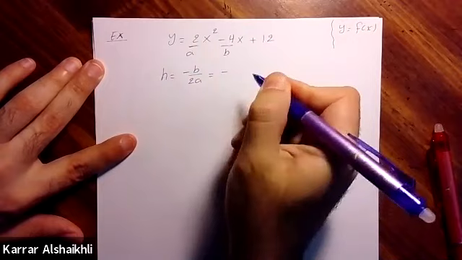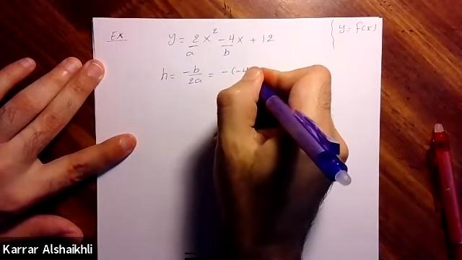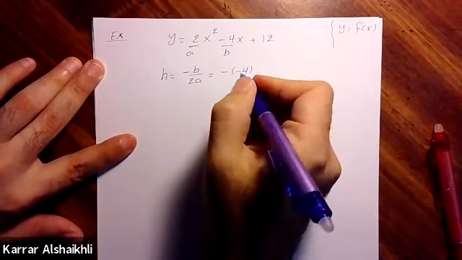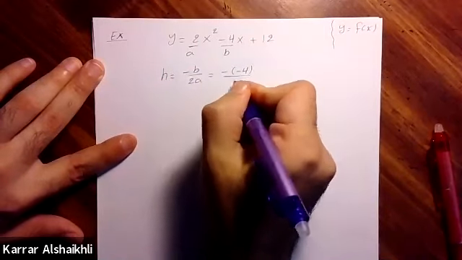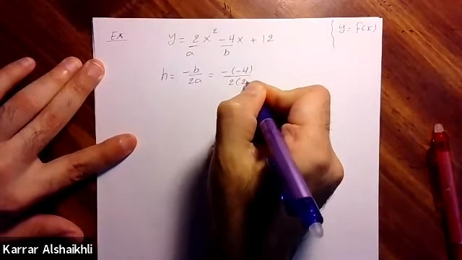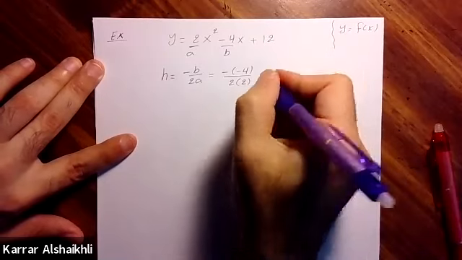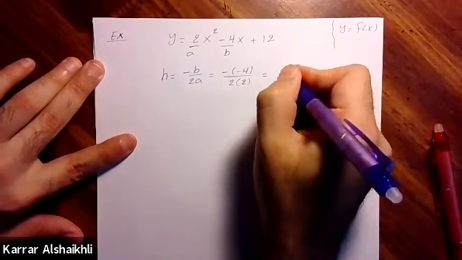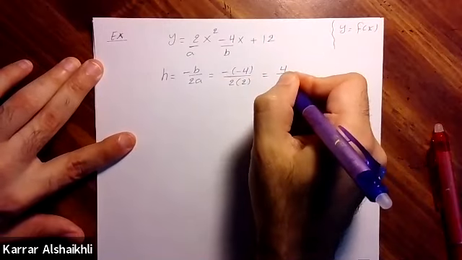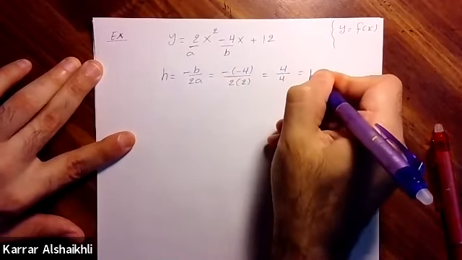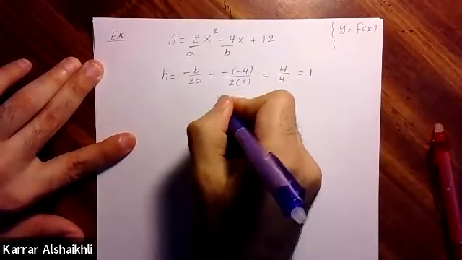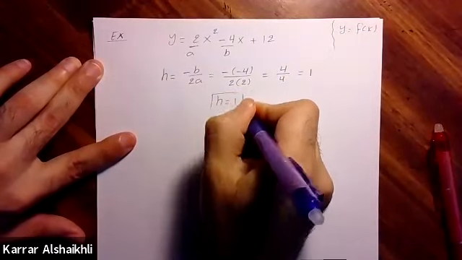So negative for the formula, and the b is negative 4 over 2a. 2 times a is 2. That means it's going to be negative times negative, positive. So it's going to be 4 over 4, and it's going to be 1. That means h equal 1.